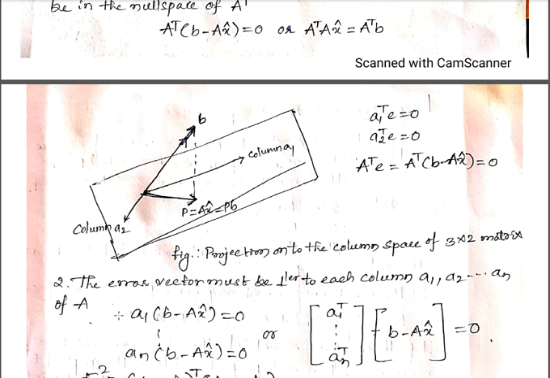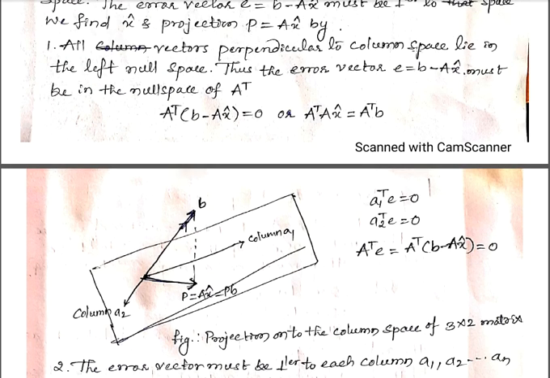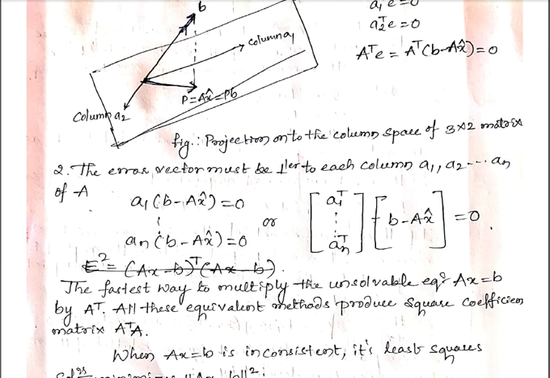We can write this in terms of the column space: A1 transpose, A2 transpose, and so on, all multiplied by B minus AX cap should be equal to 0. The same condition we have just seen here: the column space must be perpendicular to the left null space. The same we are saying.